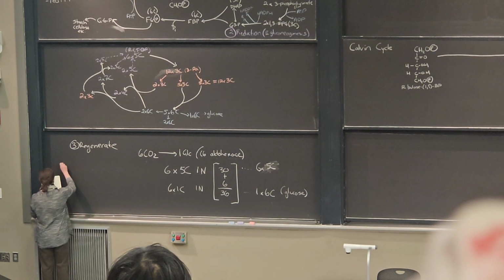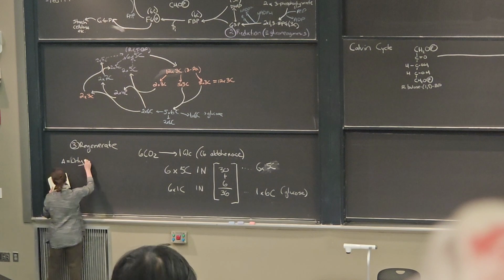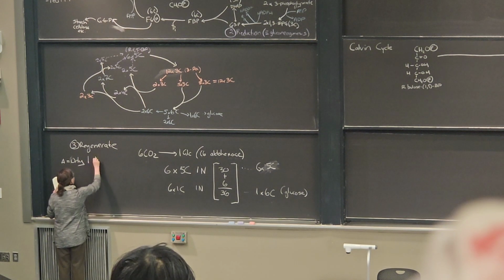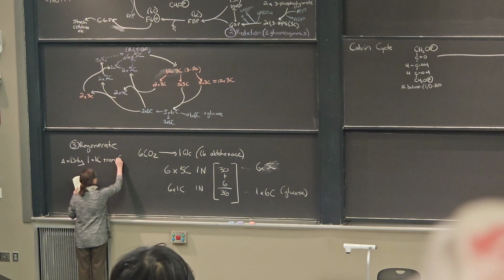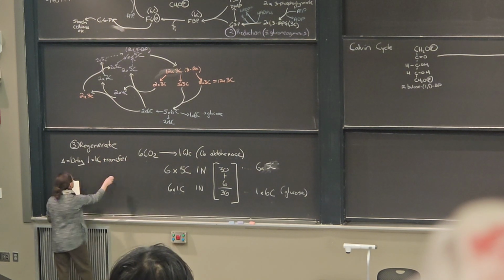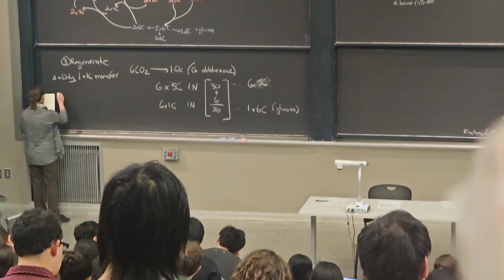Number 1, or A, is that there's only one carbon transfer, and that's the one from Rubisco. Okay, so that's actually outside of this regeneration phase. There's only one place where 1 carbon is added or removed.